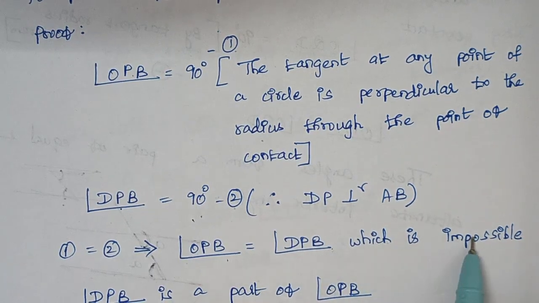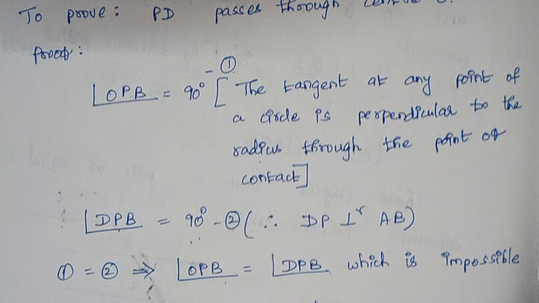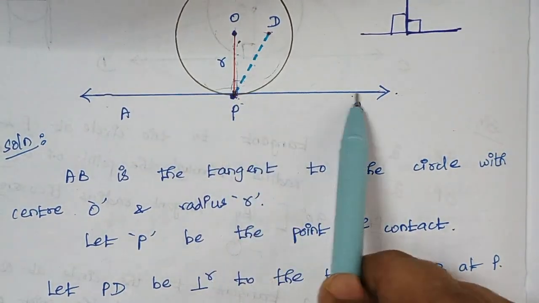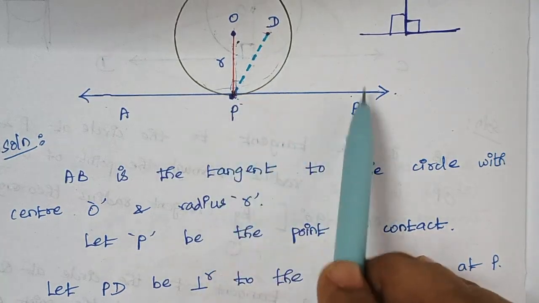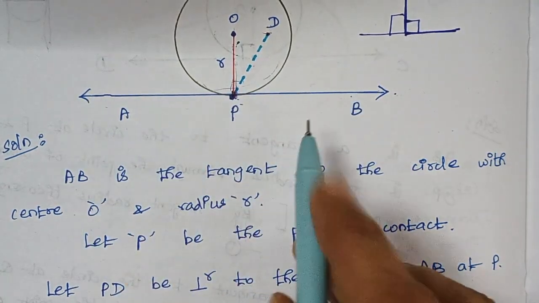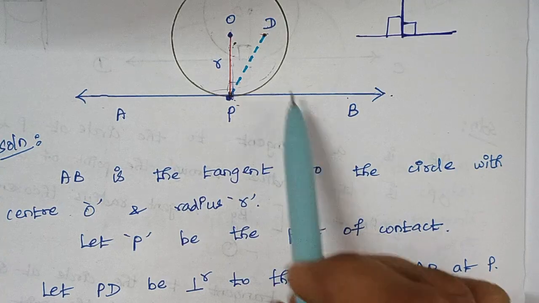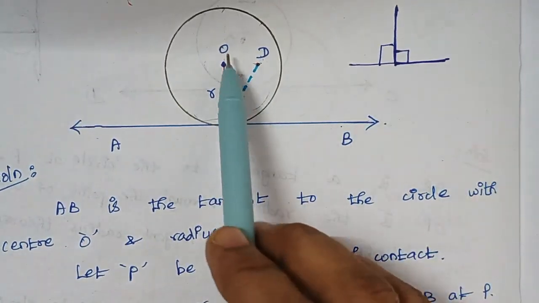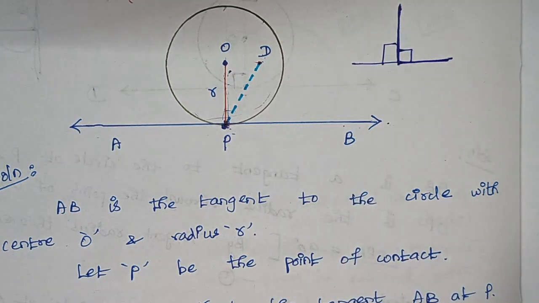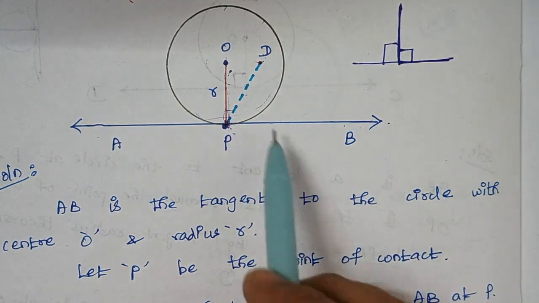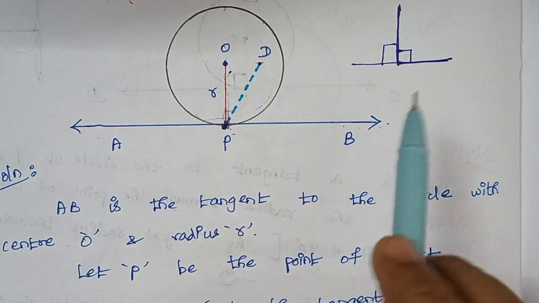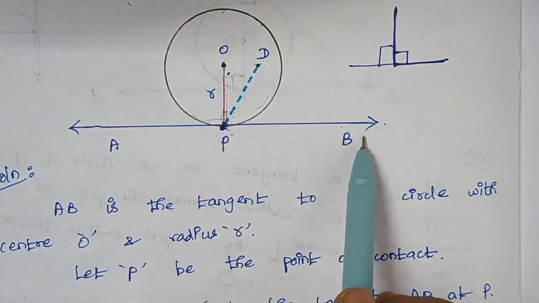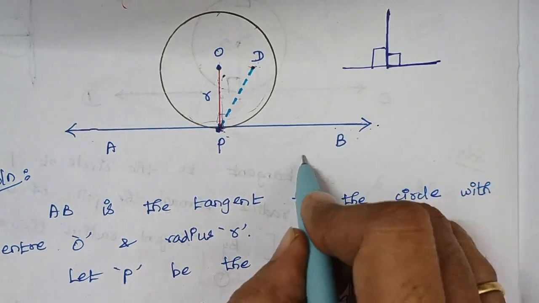Which is impossible. Why? OPB is equal to DPB is not at all possible. Because DPB is a part of the angle OPB. That is, OPB can be written as OPD plus DPB.